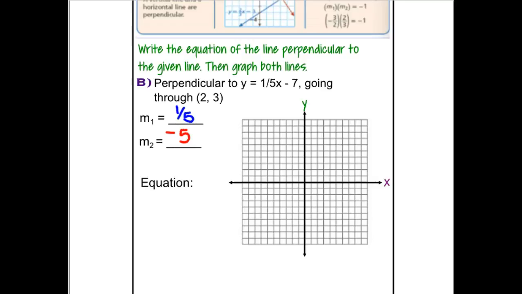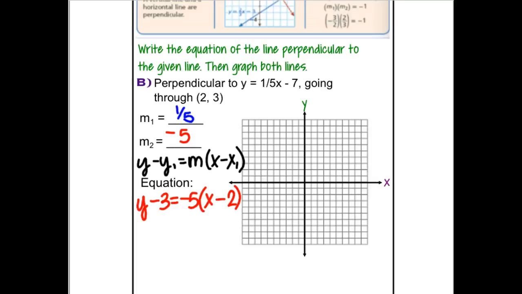So when we go into point slope form, which I'm going to remind you again is y minus y1 equals m times x minus x1, we're going to go ahead and put in the equation. And we have here y minus my y1, which is 3, equals -5 times x minus x1, which is 2.